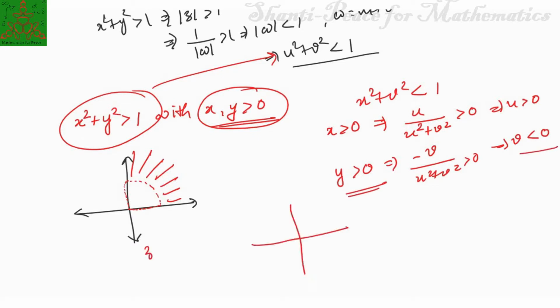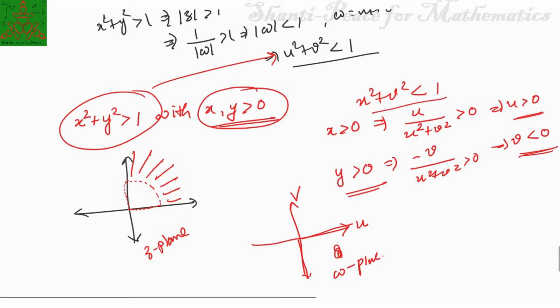This is your z plane. Now we are calculating the w plane, that is u positive and v negative. U positive is here, this is your u axis and this will be your v axis, and v negative is in this direction. So that means the region comes into the fourth quadrant, with the condition u square plus v square is less than 1.